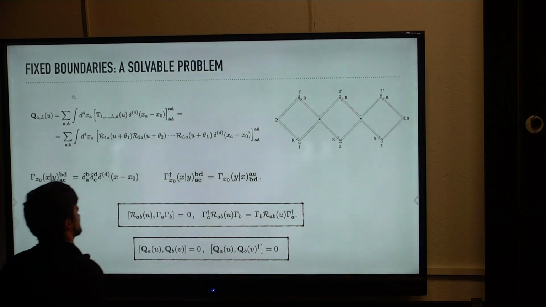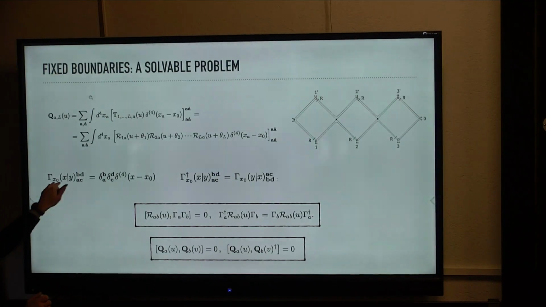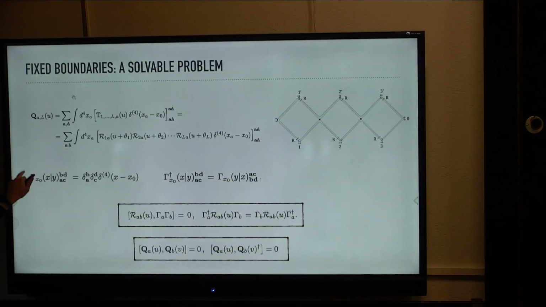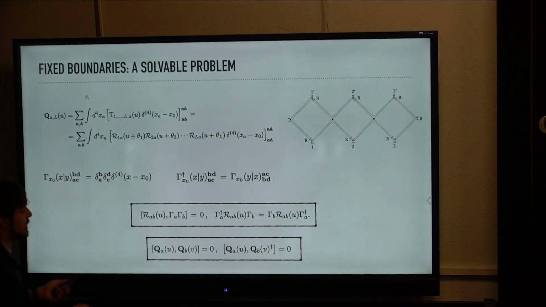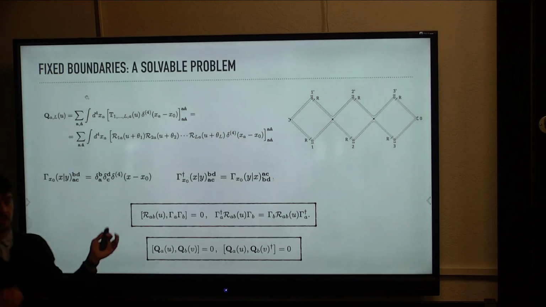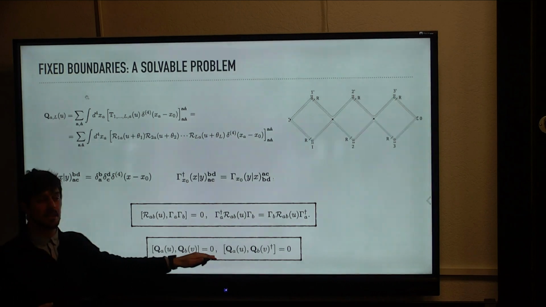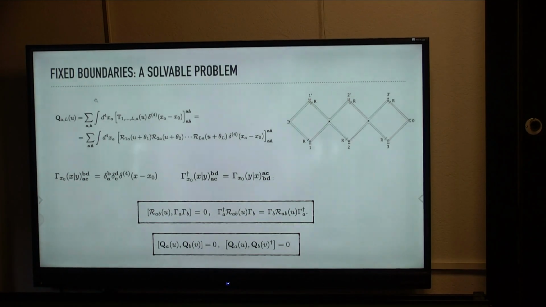Okay? Technically, this is realized by inserting a certain twist, which I call gamma x0, x0, in the trace that defines the transfer matrices, and you can check simple invariance properties with respect to the R matrix such that the two relations that allow us to claim integrability are respected.